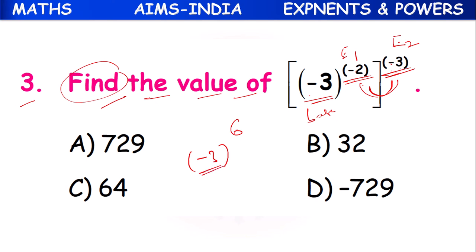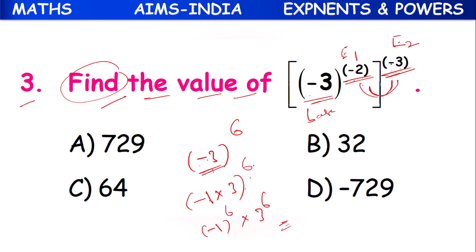But this minus 3 can again be split into minus 1 into 3. We can separate the minus in the form of minus 1 whole to the power of 6. This can be written as minus 1 whole power 6 into 3 power 6.